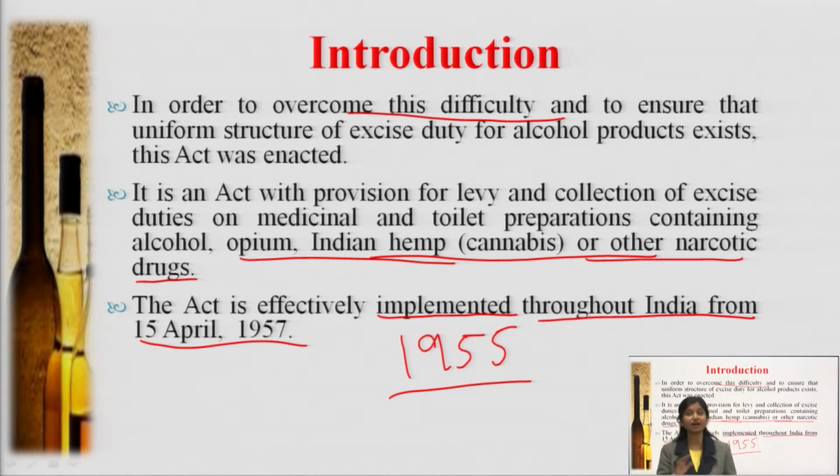The two dates are entirely different. 1955 is the time when the idea of controlling this and bringing this uniformity was brought forward, and it was around 2 years until it came into action. So, you have to remember these 2 years perfectly, that in 1955 the idea was brought forward, but in 1957 it was implemented throughout India. The date was 15th April.